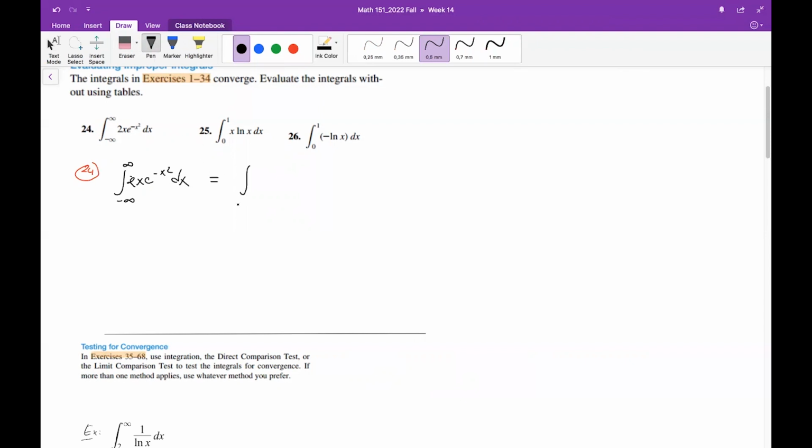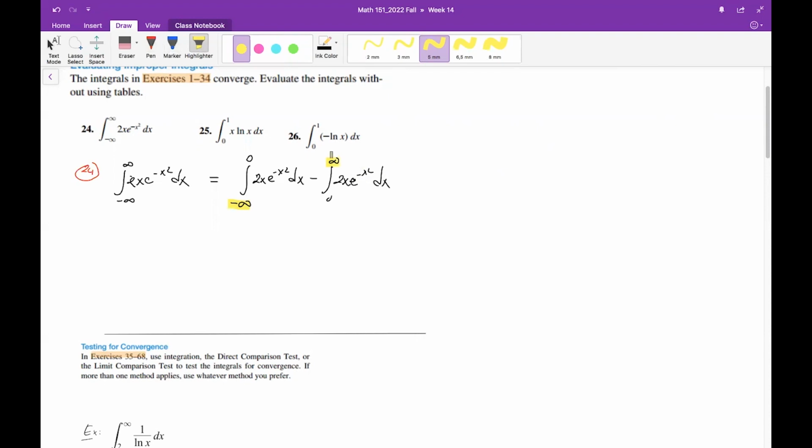First of all, we need to divide this integral into two parts like that, from minus infinity to 0 and from 0 to infinity. Then we can deal with these two integrals separately. Look at the intervals, please.